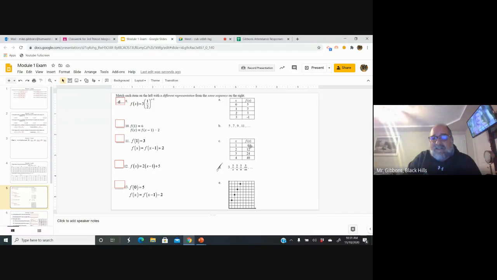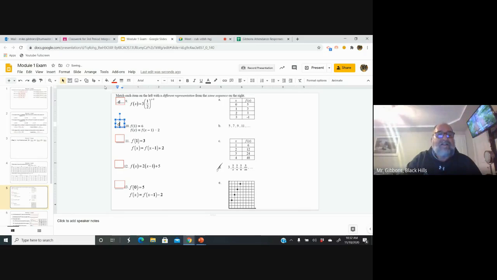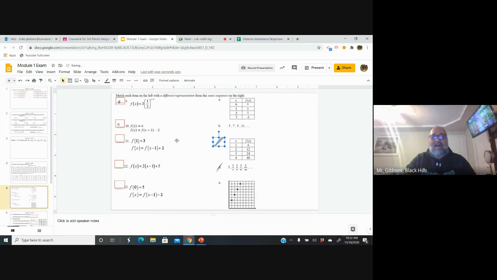And look at this. 6 times 2 is 12. 12 times 2 is 24. 24 times 2 is 48. We got it. The answer to 10 would have to be a C. And now let's get the scribble out again. Boom. I'm done with you. Done. And the cool part about this matching problem is the farther you get, the easier it gets.